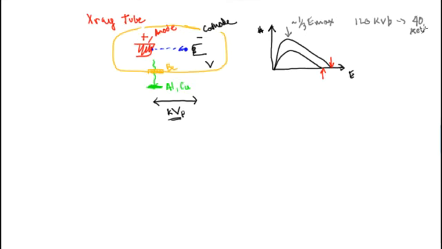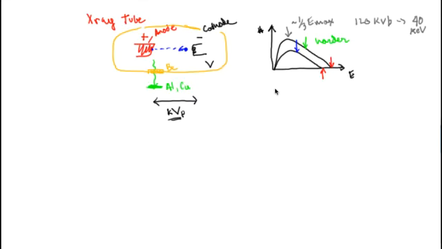Okay, so that's how you would do a problem like that. This first spectrum is harder: its mean energy is shifted to a higher energy relative to the spectrum at a lower kVp. So that's changing the kVp.